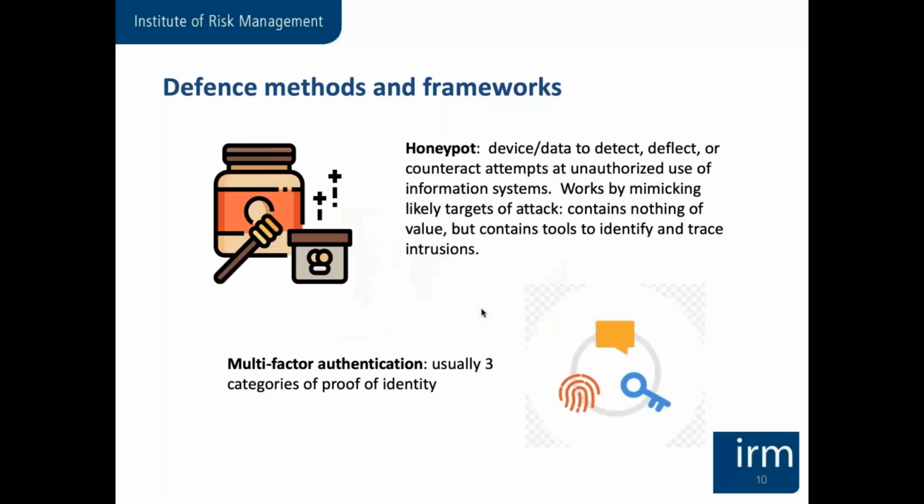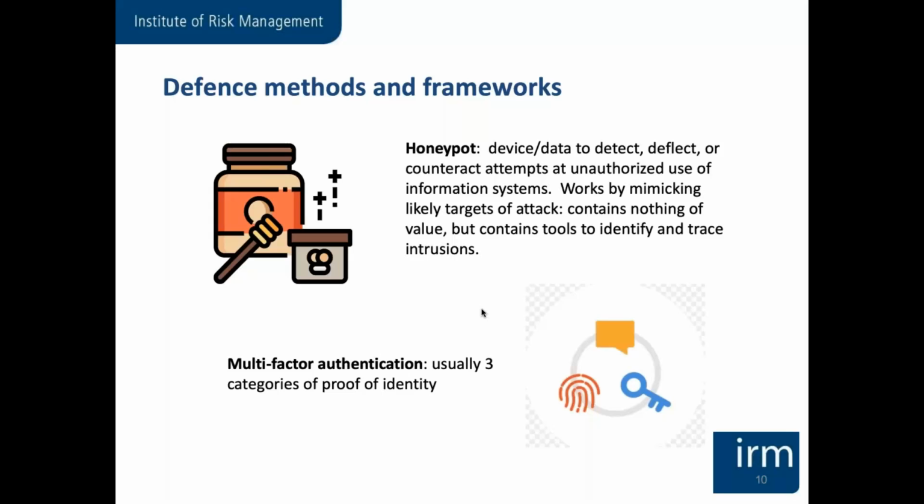So again, chapter 9 of your cybersecurity textbook deals with this in detail, but do ensure that you're familiar with methods such as the honeypot, obviously something that's designed to look like something that contains information of value, but in fact contains tools to identify and trace any intrusions.